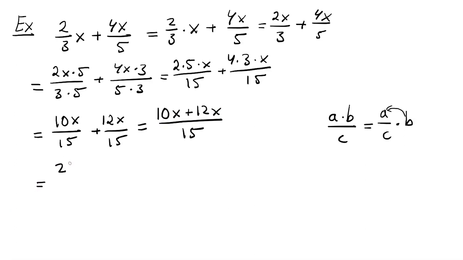So we can have here 22x up, because 10x plus 12x is 22x. Or if we like, we can write it as 22 divided by 15 times x. So now we see that we have simplified this expression to that.